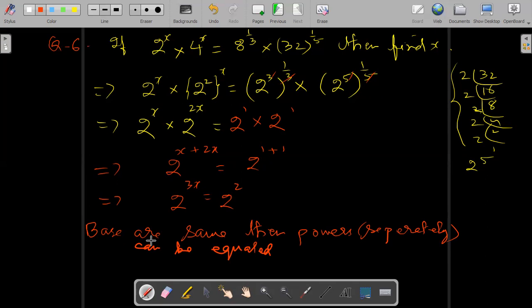This is the law. So we can say that therefore 3x can be equated to 2. 3x will be equal to 2, and therefore x will be equal to 2 by 3. Okay.